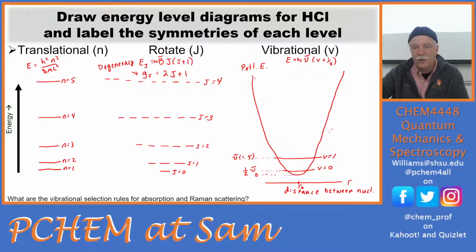What if I go to V equals 2? I need to make a decision on the spacing. Look at the quantum number here. What's the power of that quantum number? It's linear with the quantum number, right? And so it's going to be equally spaced. So this one is equally spaced. We call it an equal ladder of states.